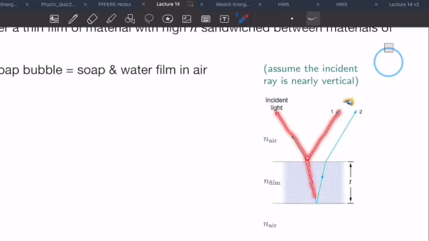Some of the light transmits through and gets refracted because the speed of light inside the soap film is different than in air. That gets reflected from this bottom boundary, and then it gets transmitted back out into air. Looking here, we need to determine when these rays will constructively interfere and when they will destructively interfere.